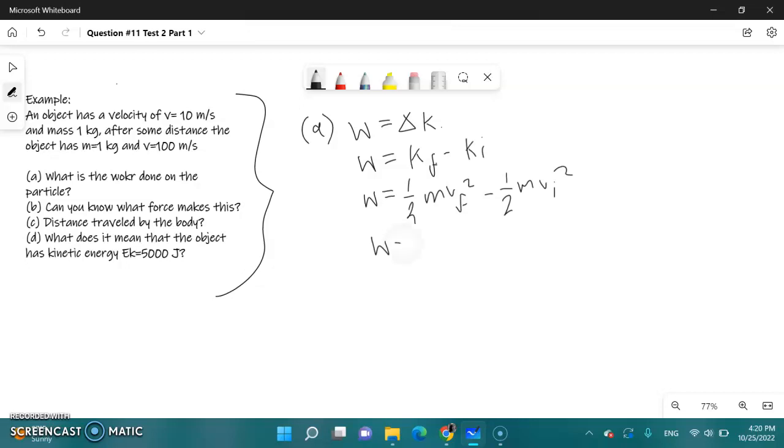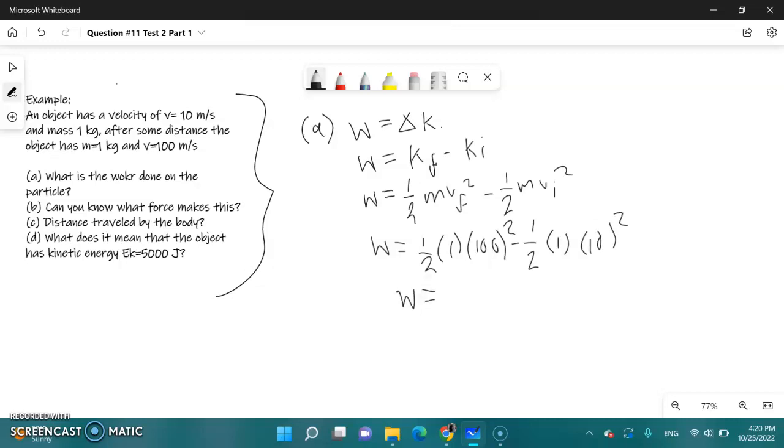And now we can just plug in these values. We have half times the mass of 1 times the final velocity, which is 100 squared, minus half times 1 times the initial velocity of 10 squared.